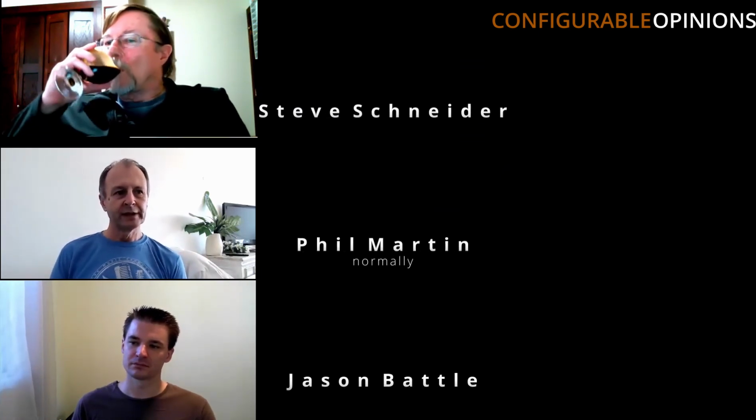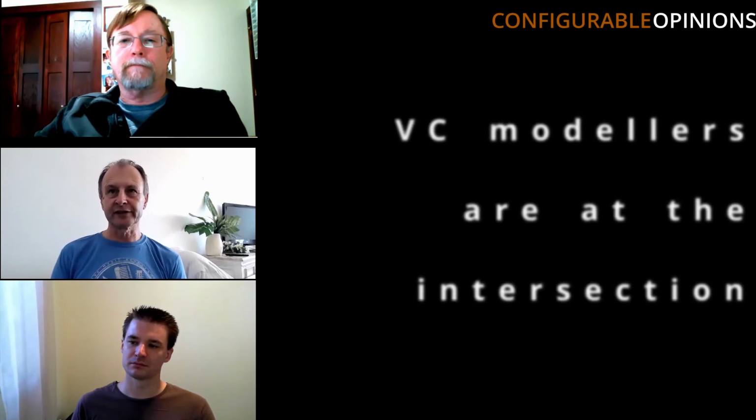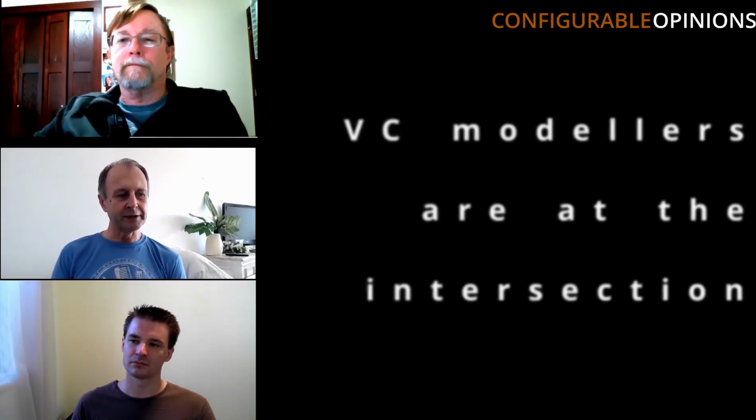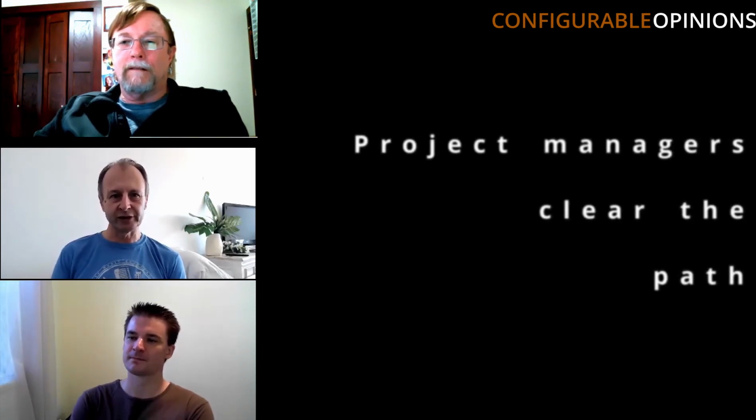I find that if we're just focusing on the VC aspect, that team or that person often is the intermediary. They've got to deliver something concrete. They have to make sense. I think back to your point, you need to get that project manager on board so that they can take care of the politics and the timeline to some degree to enable you to continue with your modeling.